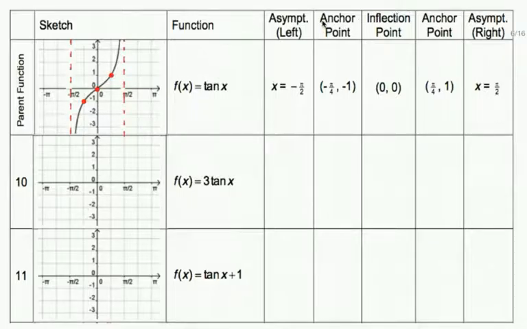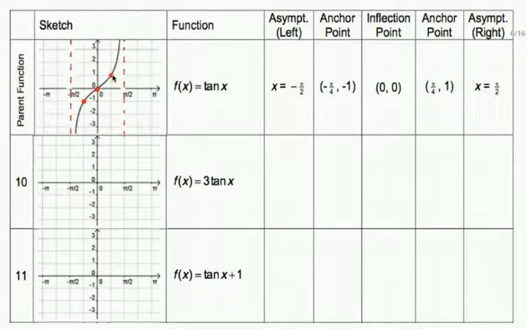Now, I will tell you that if you take a college algebra, college pre-cal class, they may call these different things, the anchor points and the inflection points. So don't get all hung up on what these things are called. Okay, so basically the lower left point, the middle point, and then the upper right point.